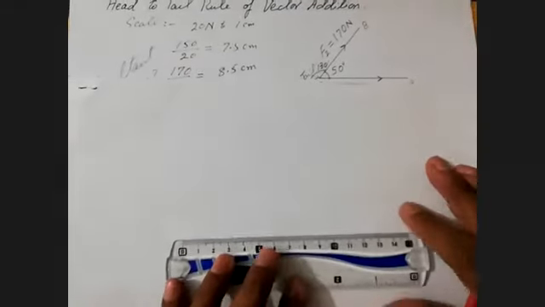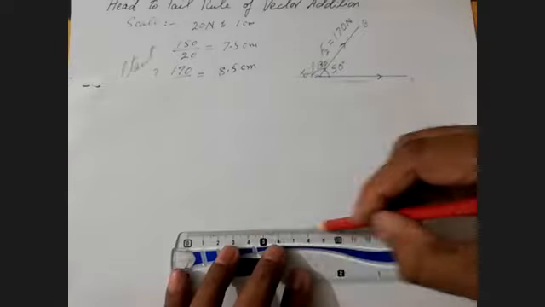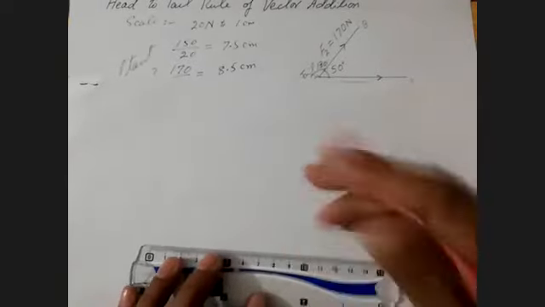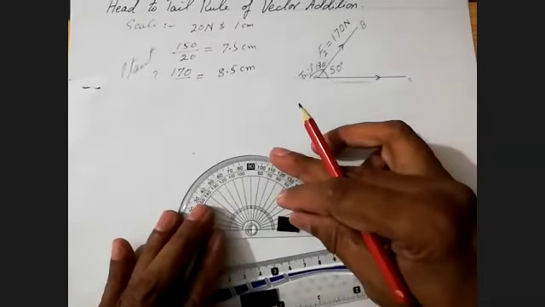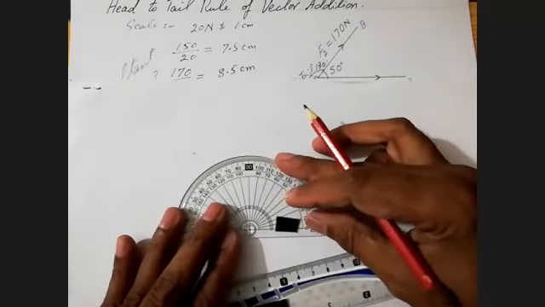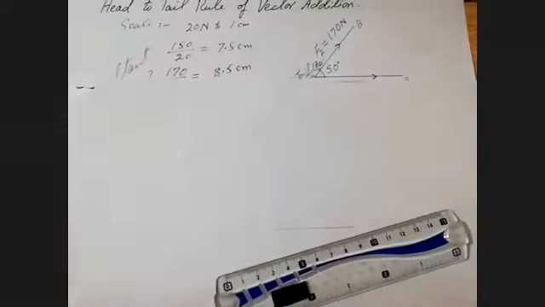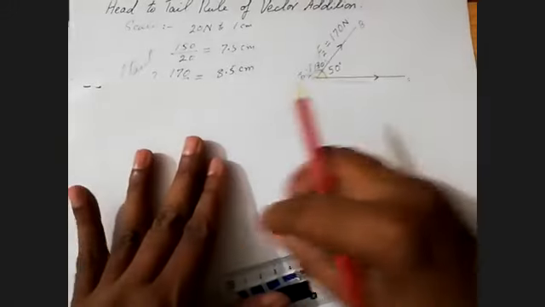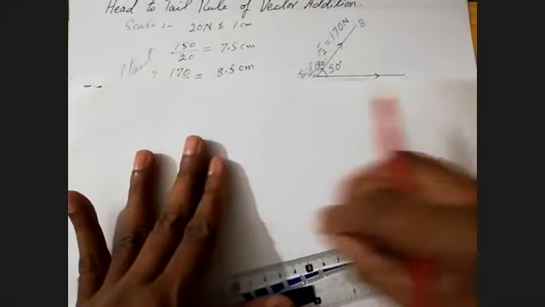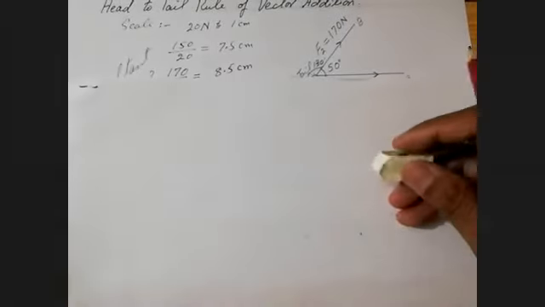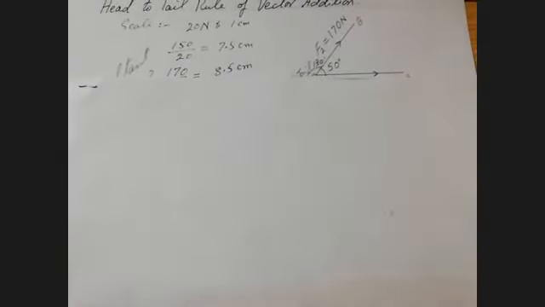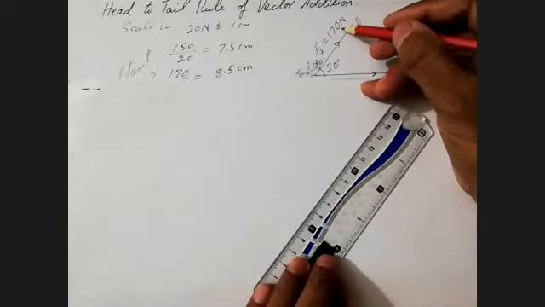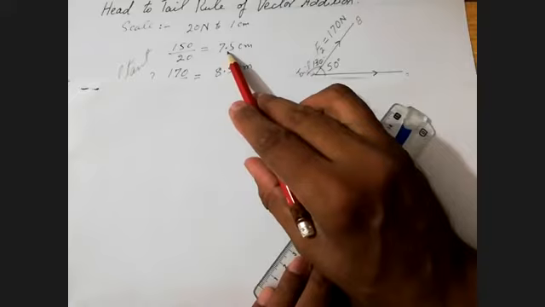So first of all, I'm going to draw a horizontal line. Here I am taking an angle of 50 degree, because these two forces are making an angle of 50 degree with each other. So I am drawing the first force, which is 170 Newton, represented by 8.5 centimeter.